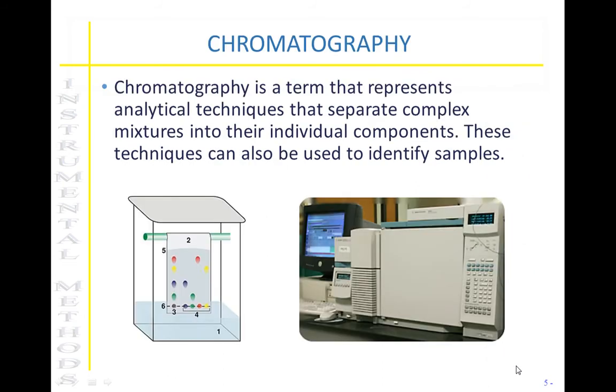Another technique that is commonly used is chromatography. There are several different types of chromatography which we will discuss. All of these rely on the same principle. Chromatography is going to separate materials between the stationary phase, once again, and a mobile phase.